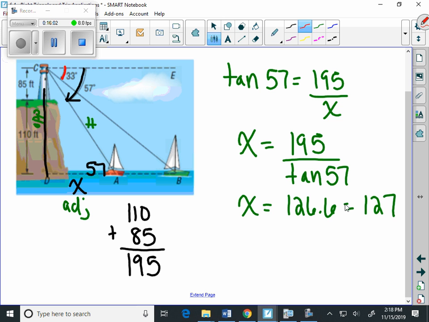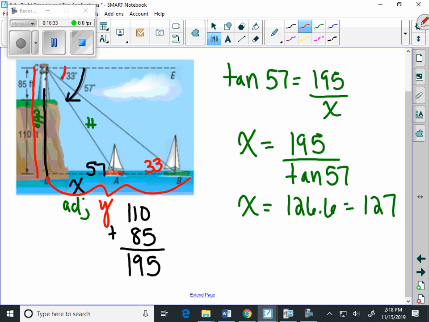So 2 parallel lines cut by a transversal means that this angle here is 33. We're still going to use the distance from the top of the lighthouse down, so we're still going to use the 195. But instead of X here, I'm going to try to find that entire length right there. And I'm going to call it Y.